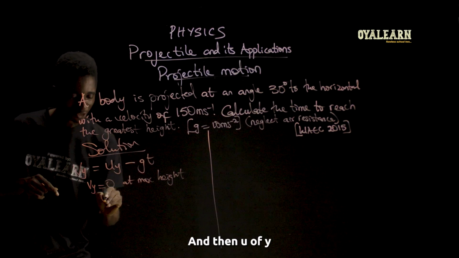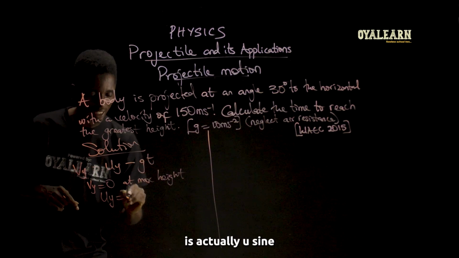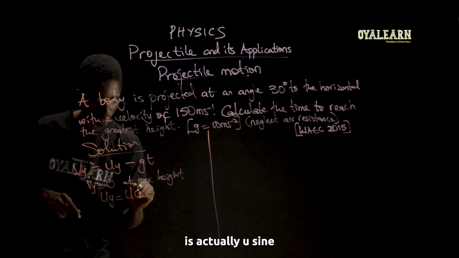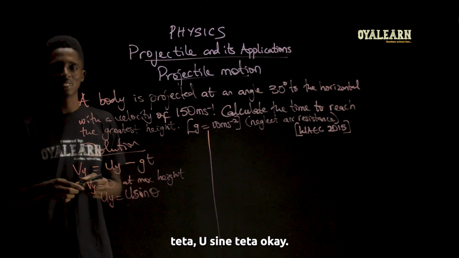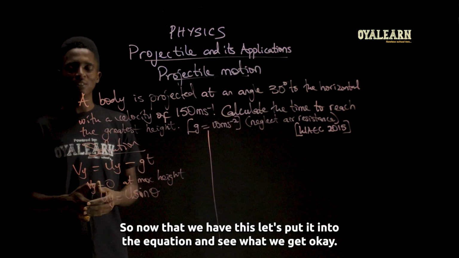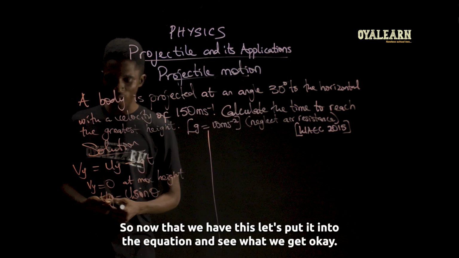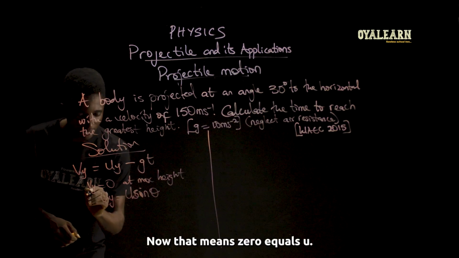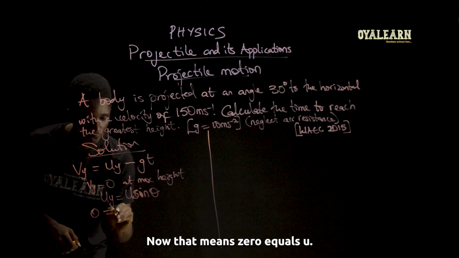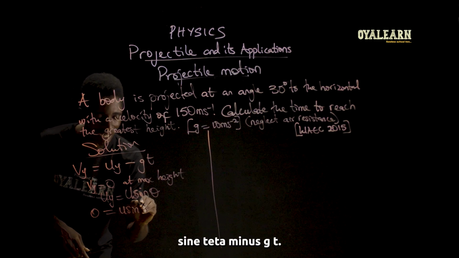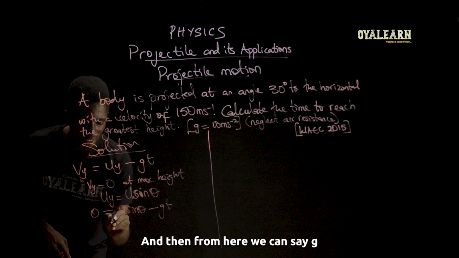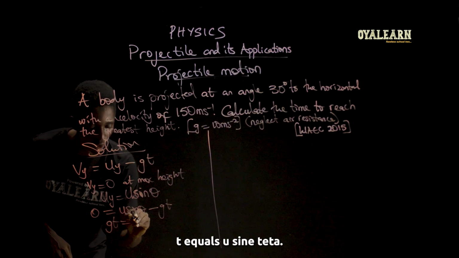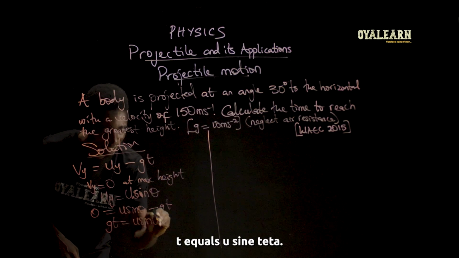And then u of y is actually u sine theta. Okay? So now that we have this, let's put it into the equation and see what we get. Now, that means 0 equals u sine theta minus gt. And then from here we can say gt equals u sine theta.